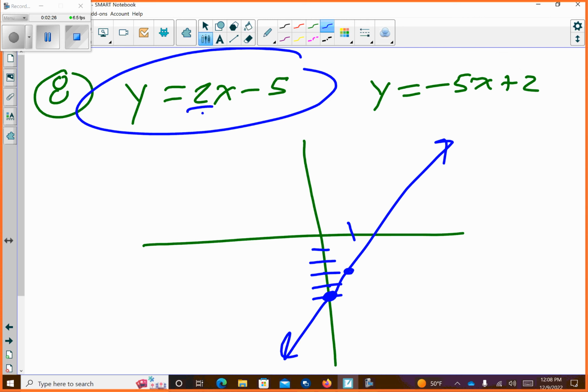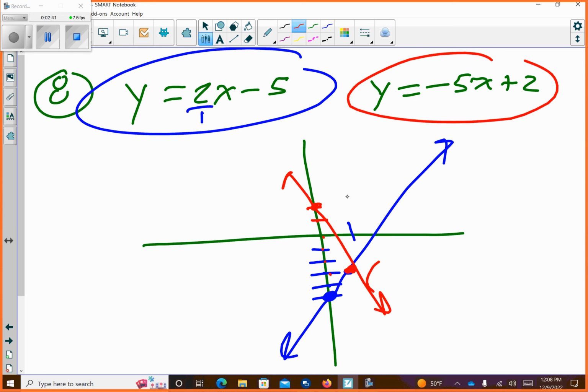Yeah, because that's 2/1. And then we'll do this one in red. +2. Down 5, right 1. So I'd say that's -3. Sweet. Good there.